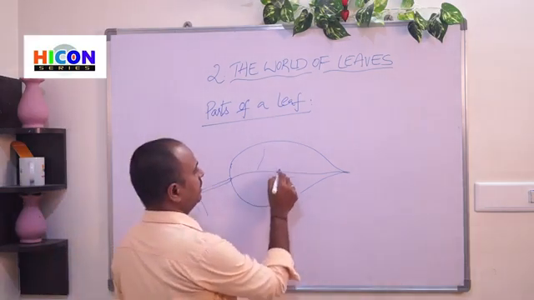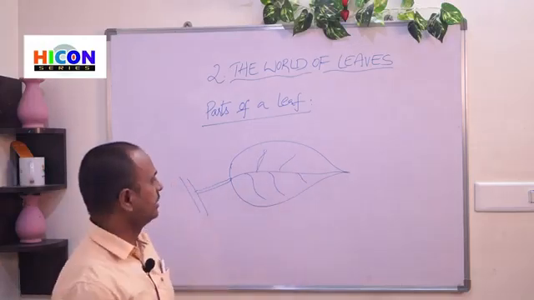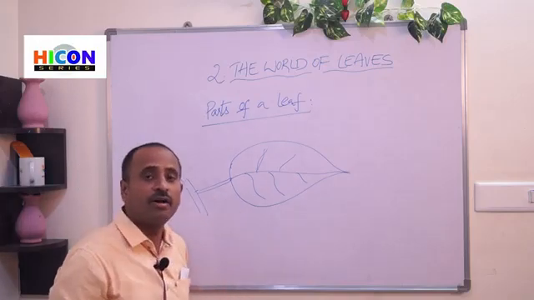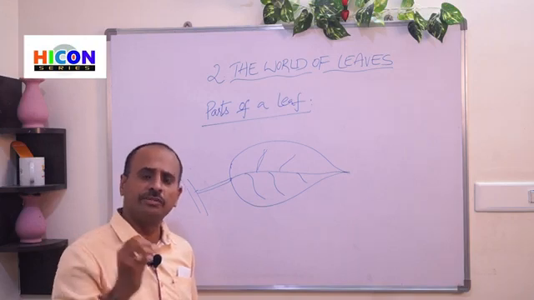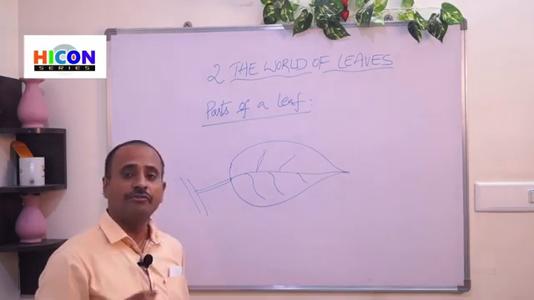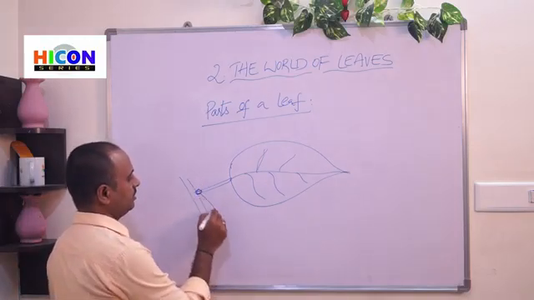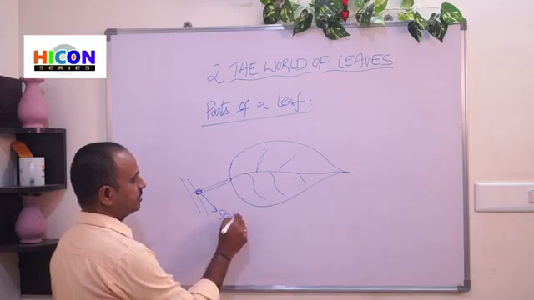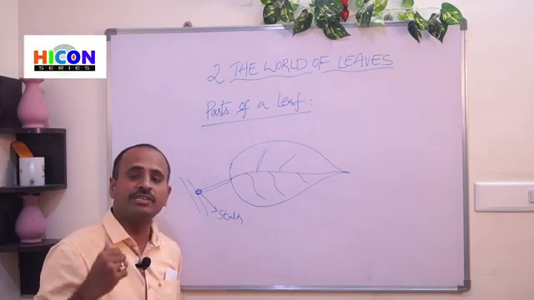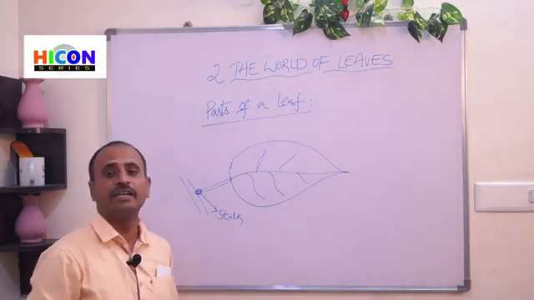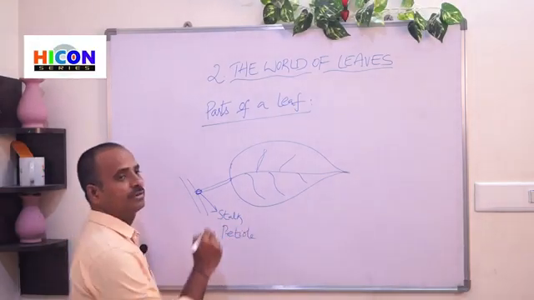So this is a leaf. Here the leaf is attached to the branches. Generally the leaves are attached to the branches. The part where the leaf is attached to the branch is called stalk, or it can also be called petiole.